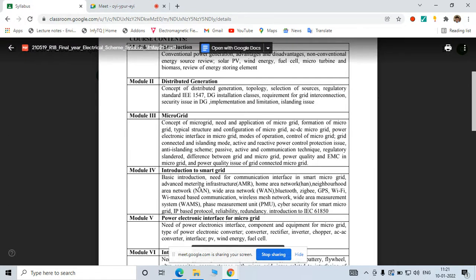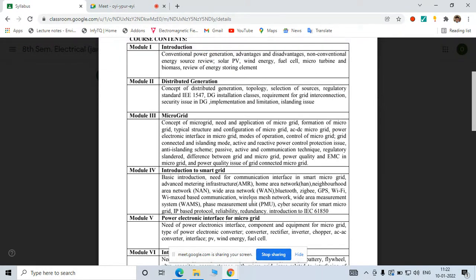Now, in module 4, the smart grid: how to manage the power. With the help of these devices, you have to collect the data, analyze that data, and depending on that, take action. With this power management, you can get more optimized power, meaning even with a smaller amount of generation you can generate more revenue by managing all these things.